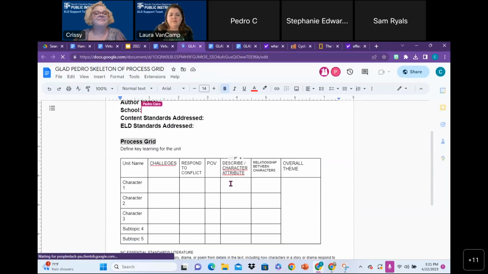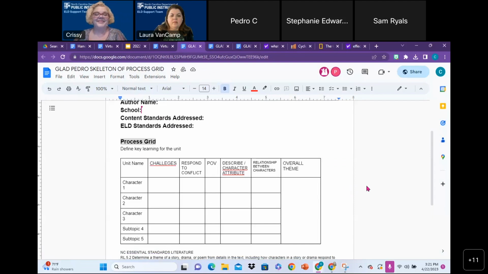Yes. Well, I just wanted to share my biggest takeaway. I had used the process grid in my classroom all year long, but the biggest takeaway for me was that now I have a better understanding of how to use the standards to actually plan a much more powerful unit using the process grid.